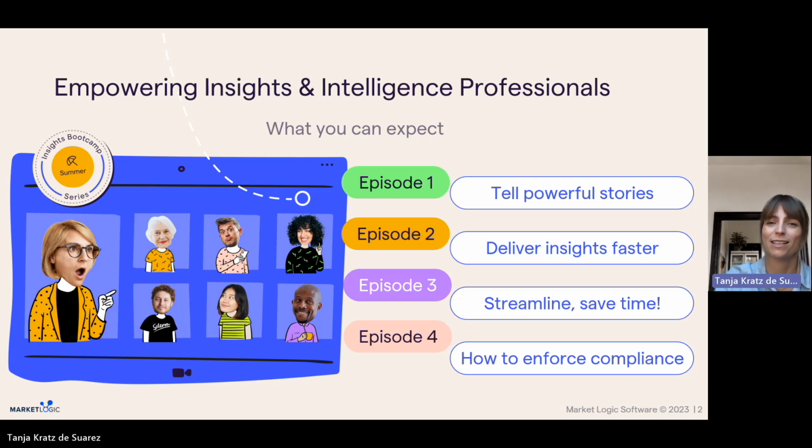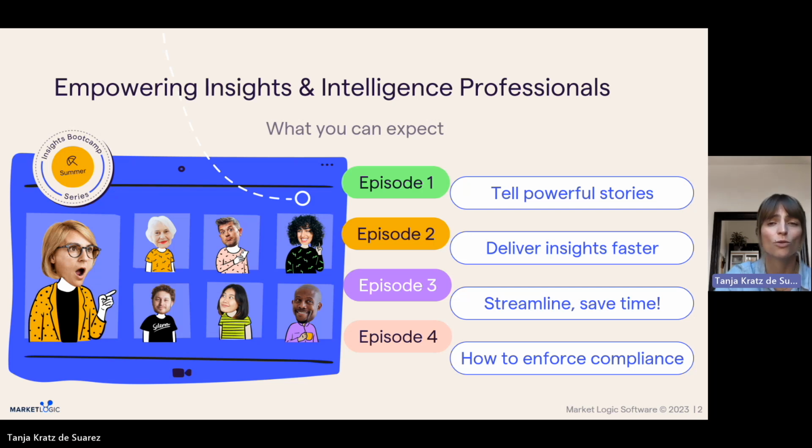But before we get started on today's topic, let me give you a quick outlook on what you can expect in the second half of this webinar series. In episode 3 and 4, discover the power of research management and automation. We will uncover the tools to expedite your research processes through templated best practices, saving you from starting from square one.